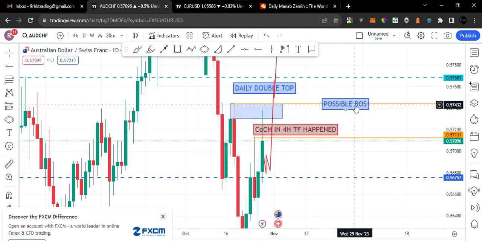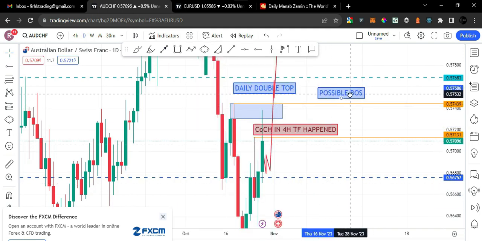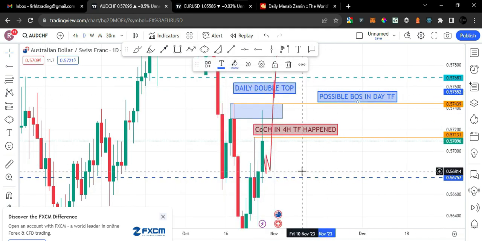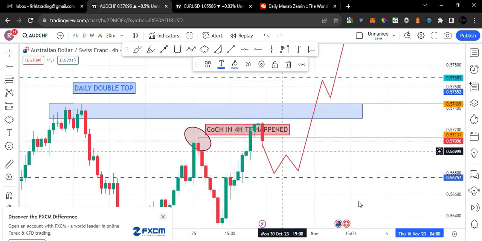Now possible change in character, break of structure in day TF. If it happens the way I have shown here, it gives a better clarity.